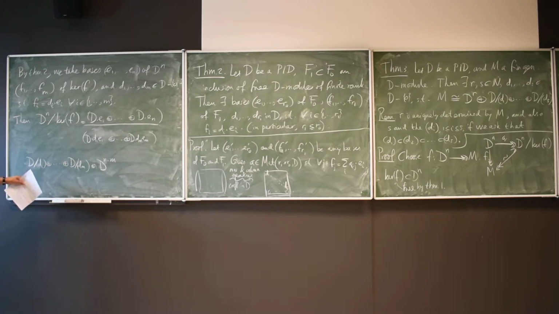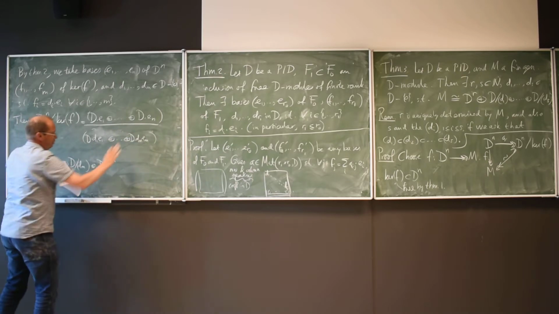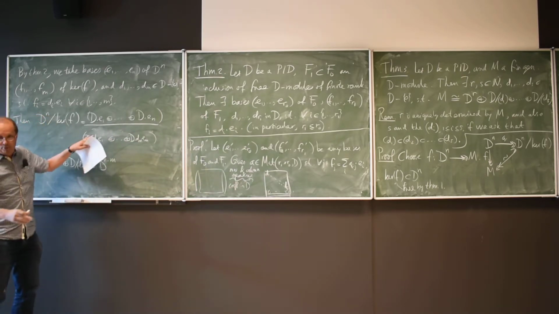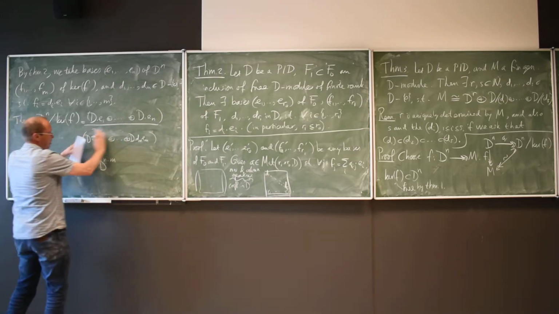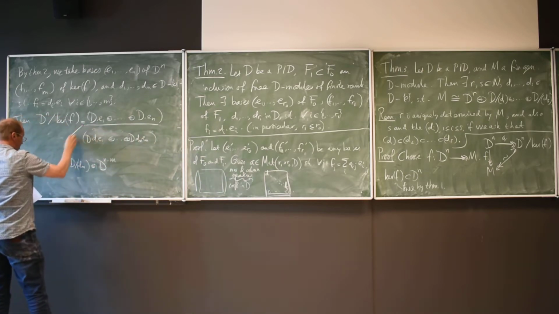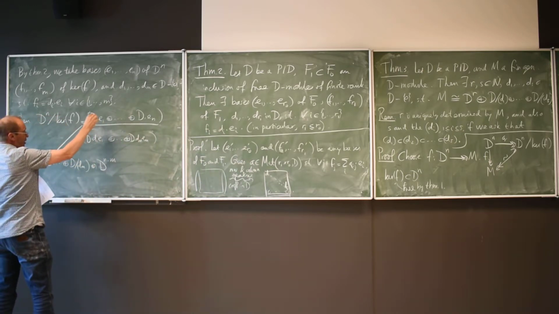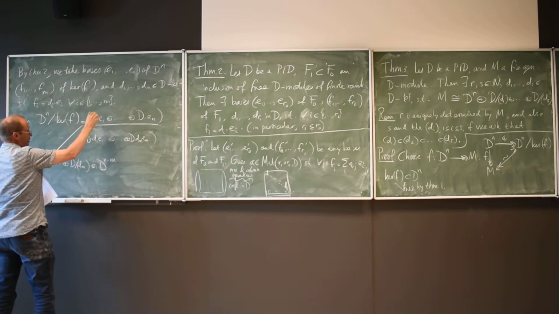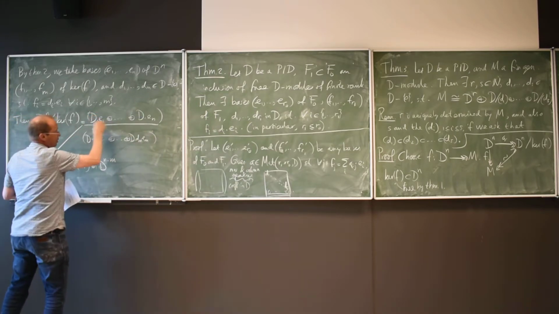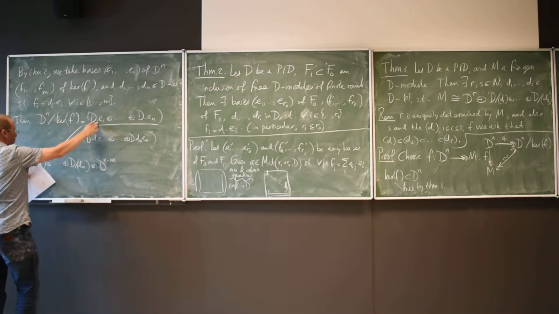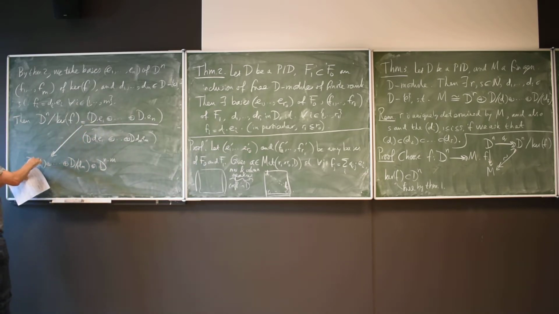Well, how do I do that? I can first say, forget that we divide out by this. I'm not going to erase it because then I have to make it back again. But think for a moment that this is not here. Then I can make a map from here to here, because a linear combination of these things is free. On the first part, I just map it to this and 0 to the other.